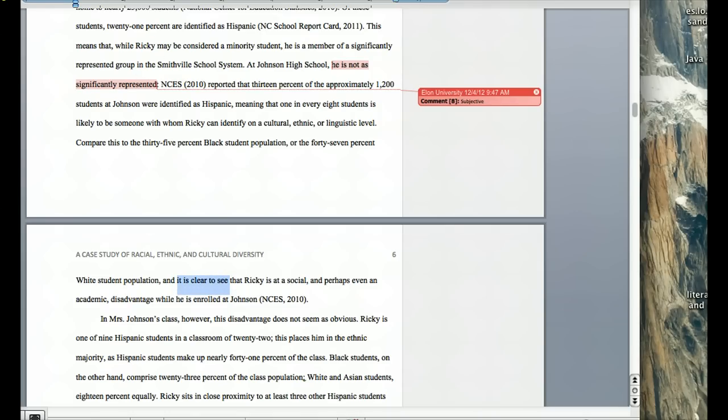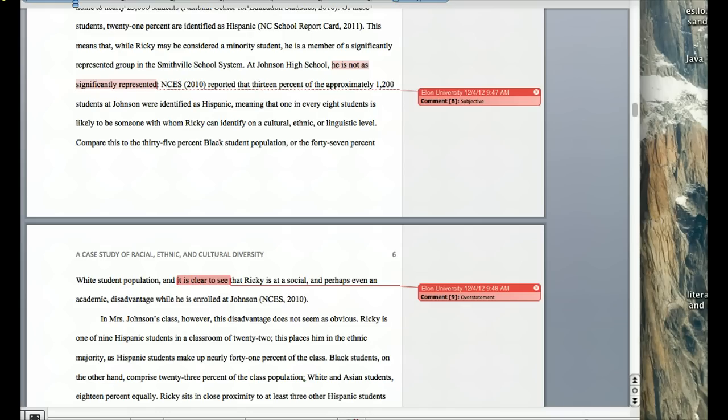This perhaps is a bit of an overstatement. You can have schools that have a healthy integrated culture, and so we don't want to assume that an individual would be at a social disadvantage just because his particular group is a minority on campus.